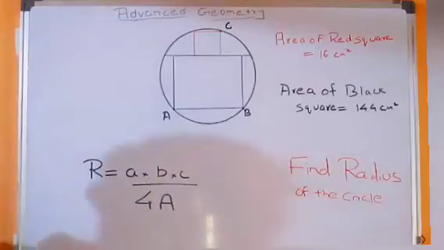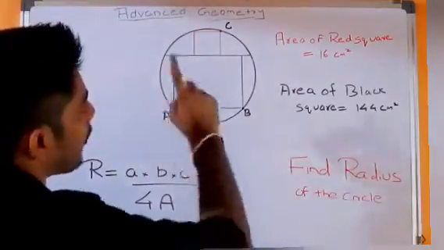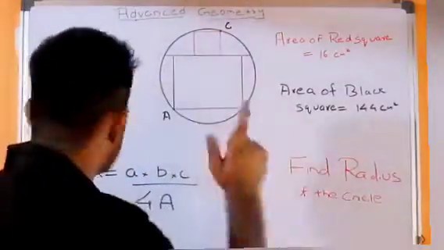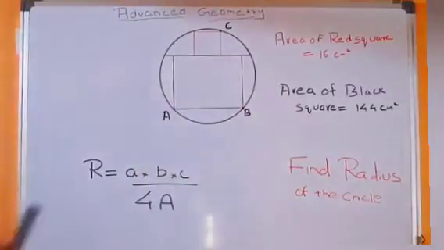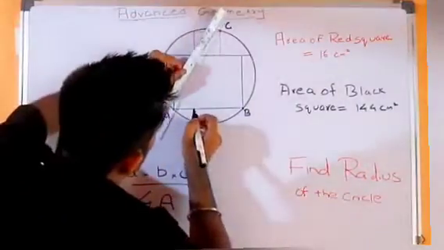So now I can join these 3 points, and what I get is a triangle.